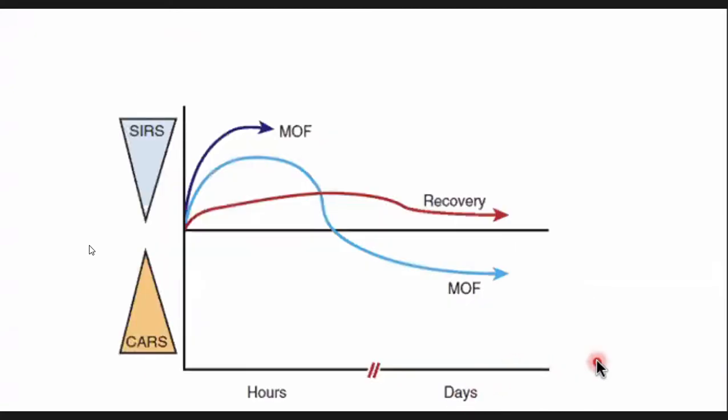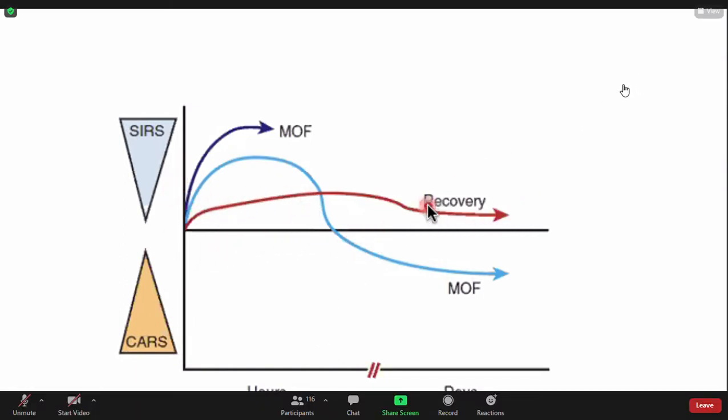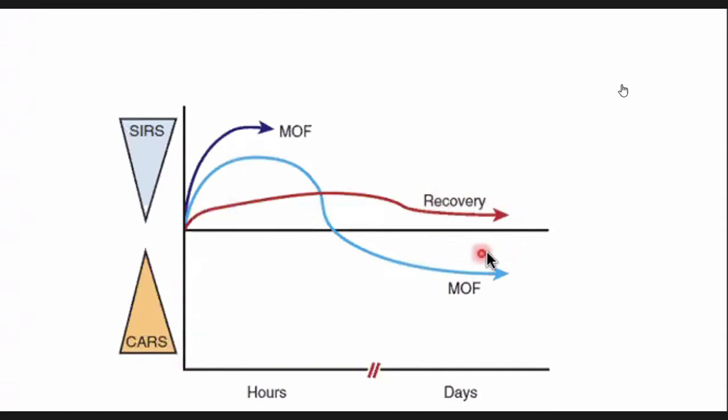This is a table lifted from Schwartz depicting SIRS and CARS. SIRS is systemic inflammatory response syndrome. It is a spectrum going into CARS, your compensatory anti-inflammatory response syndrome. When there is an insult, say post-operatively, the patient should strike a balance between SIRS and CARS so that the patient can recover without any adverse outcomes.